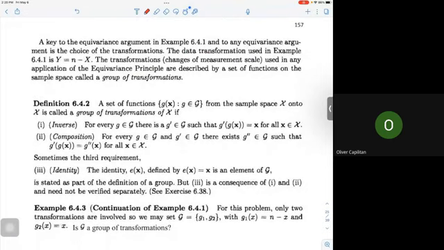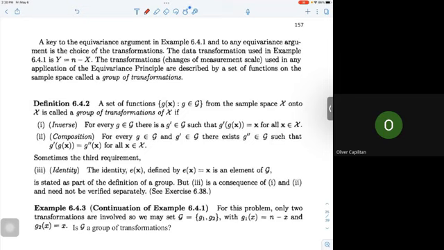A key to the equivariance argument in example 6.4.1, and to any equivariance argument, is the choice of transformations. The data transformation used in example 6.4.1 is y equals n minus x.